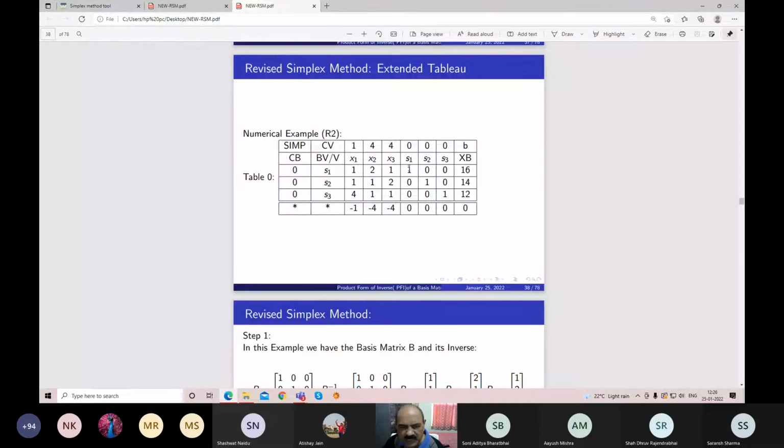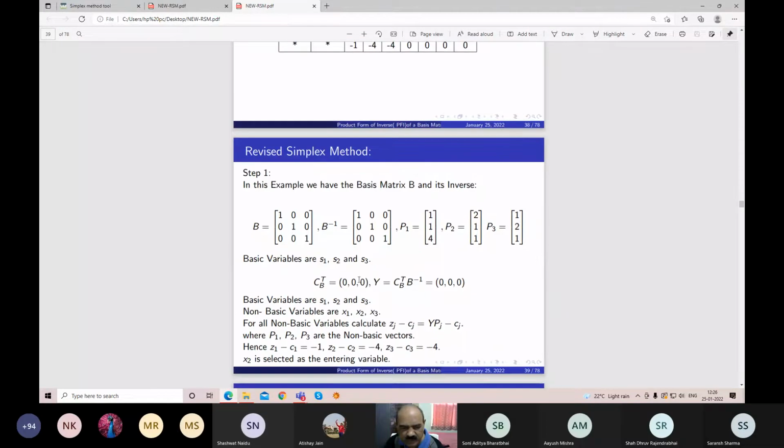If you name in this manner, S1 equal to the next variable X4, S2 equal to X5, then S3 equal to X6. These 3 zeros are nothing but C4, C5, C6. Okay, that is already there. You can see 0, 0, 0. So y into Pj, that is a 0 vector, multiplied, is 0, and 0 minus 1 is minus 1. So Z1 minus C1 equals minus 1.